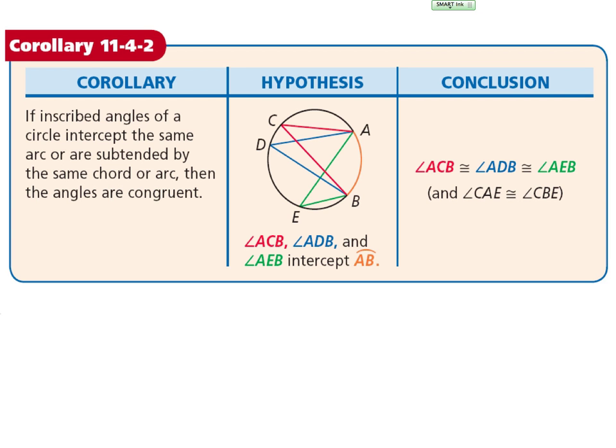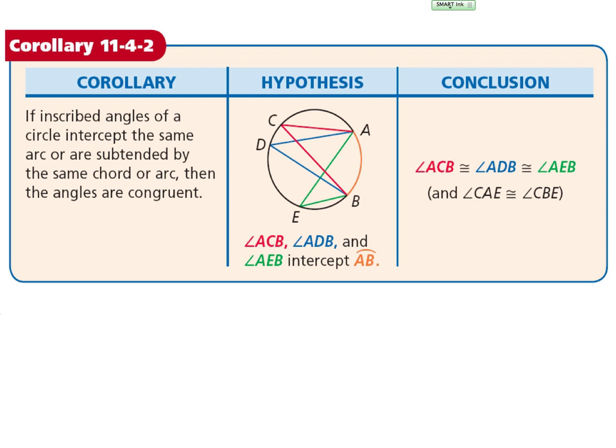Postulates, theorems, or corollaries are true. They've been proven true. In some cases, they're accepted true. A corollary was a theorem that comes quickly or easily from another theorem. So you can get this from that last theorem just pretty quick and easy. I think I called it a baby theorem. It's not a big major thing all by itself.